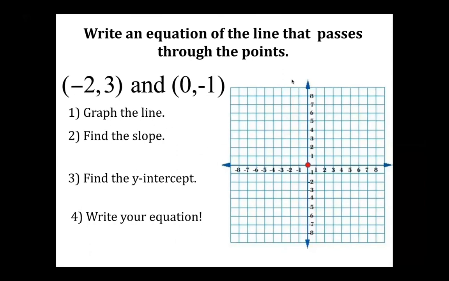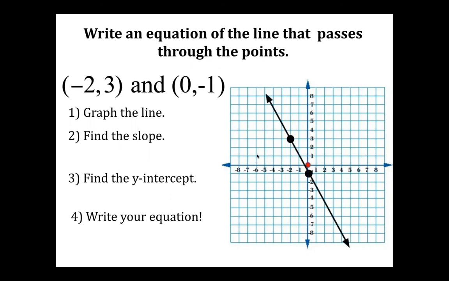You can go ahead and try this on your own if you're feeling confident. If not, we'll go ahead and go over it right now. So this is exactly the same as the previous problem, except we have different points that we're going to be writing an equation for. So I'll go ahead and plot -2, 3, and 0, -1.